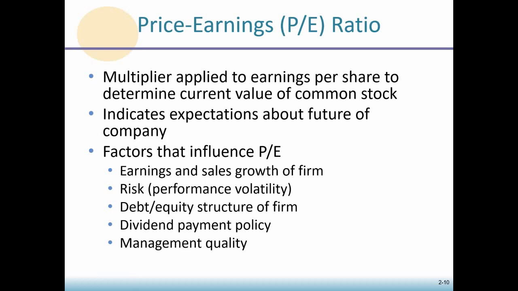So if a stock is currently selling for $100 and the company earned $5 last year in 2022, then the price to earnings ratio for the 2022 earnings would be 100 to 5, or 20 to 1, right? If you do the math there, a price to earnings ratio of 20. Most people just look at that and say it's 20. This is kind of an important thing.